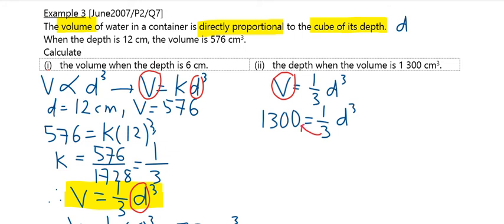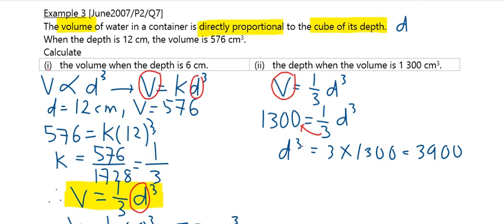You multiply by 3, so d cubed, don't forget the cube, equals 3 times 1300, which will become 3900.